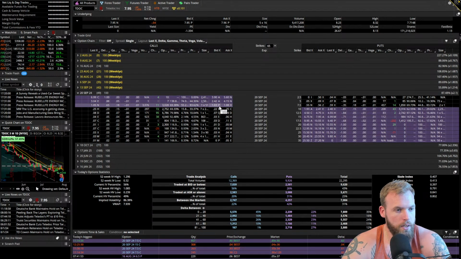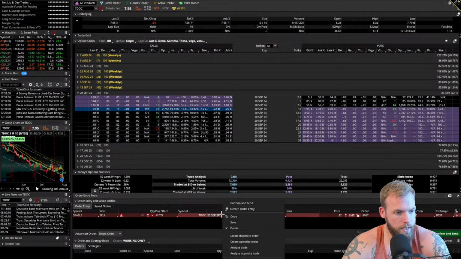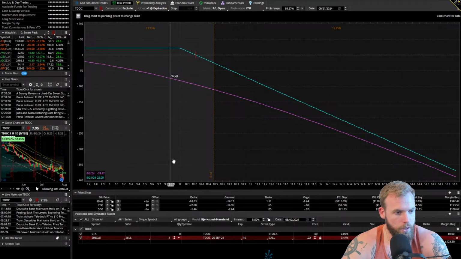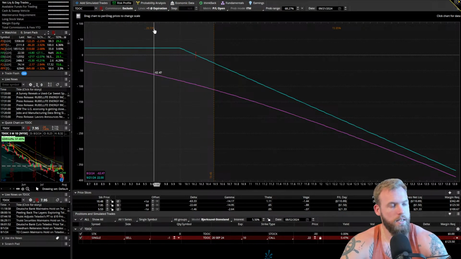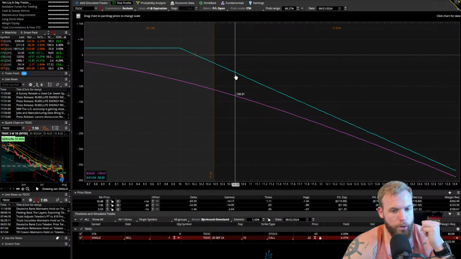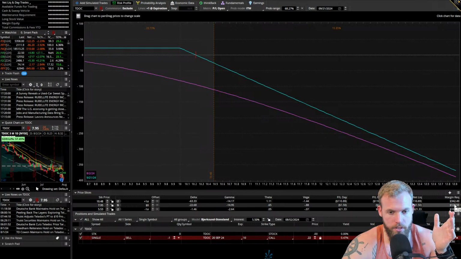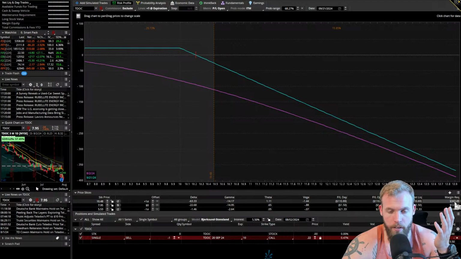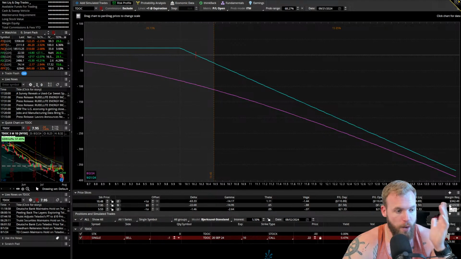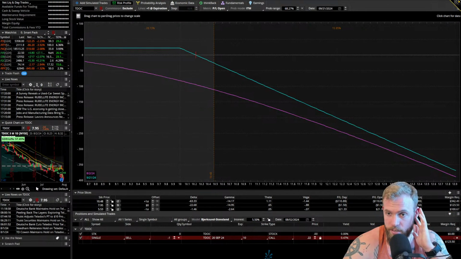All right, so let me take a look at selling one of these and then we can plot it. Now, again, this is the risk profile, and this is my pass-through account. The reason I mention that it's the pass-through account is because it has no money in it, but also because it's Regulation T margin, whereas my typical trading account is portfolio margin.